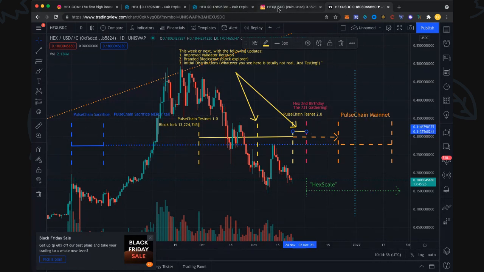So that's what we've got there for PulseChain, the latest information. We've also got HexScale coming in potentially in December. That's very bullish from the Kinetic team, getting private buyers in. So that's the second bullish factor. So PulseChain, HexScale equivalent, with the private buyers coming in to buy a lot, and also Robert Kiyosaki is around the place, and he's got a lot of billionaire friends, and the word on the street is that he has already dipped his toes into buying some Hex.